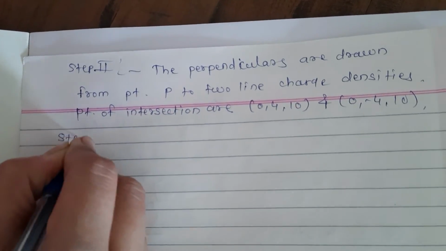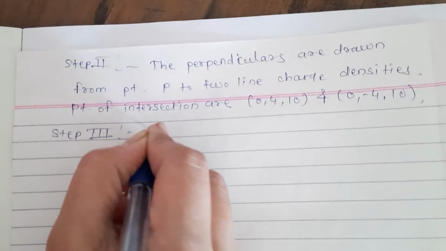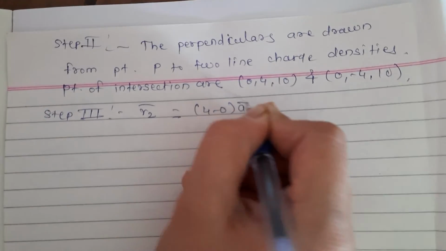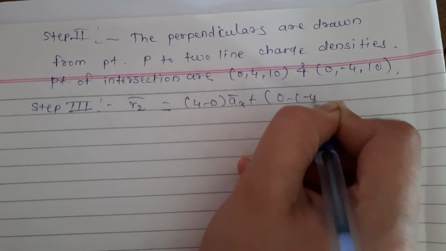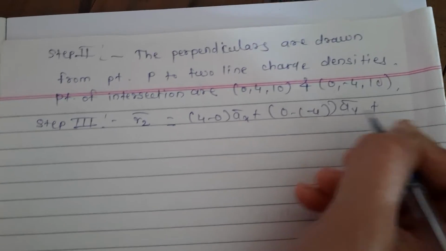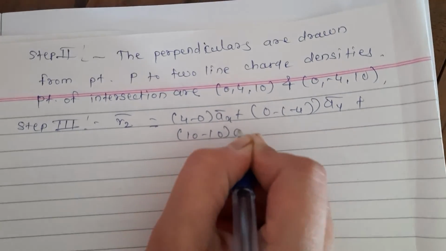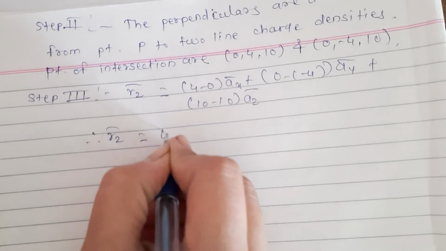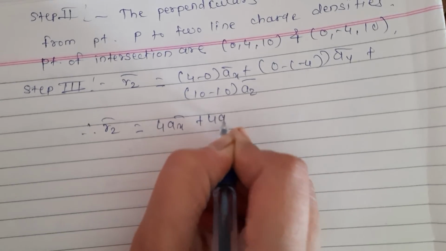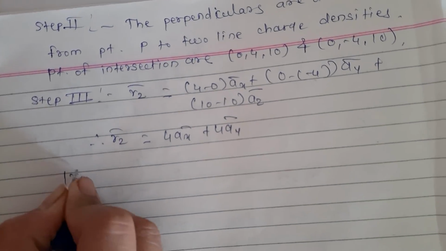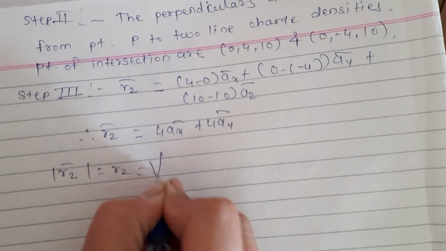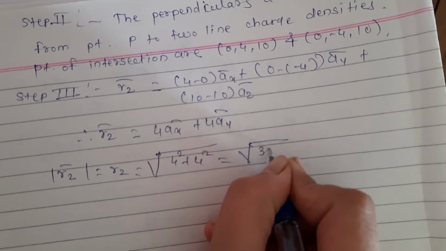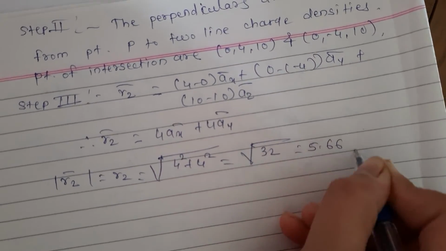Now next is step 3. Here R2 bar we have to find. It is 4 minus 0 ax bar plus 0 minus 4 ay bar plus 10 minus 10 az bar. So the value of R2 bar is 4 ax bar plus 4 ay bar, and its magnitude is square root of 4 square plus 4 square, so it is 16 plus 16, so it is 5.66.